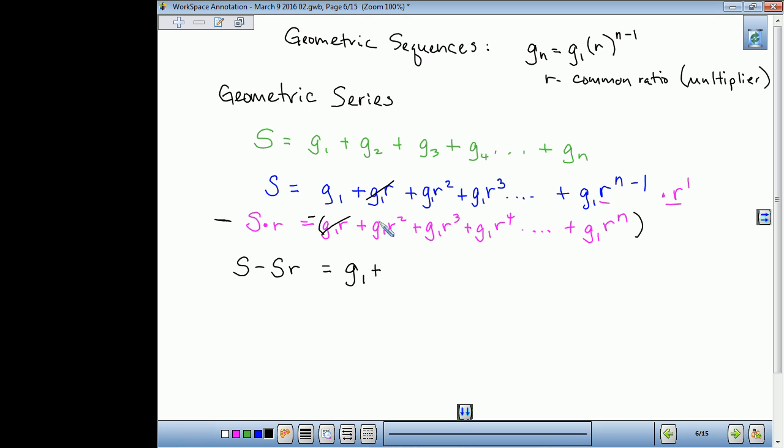Yes. And don't those cancel? Yes. And don't those cancel? Yes. And wouldn't this one be the next one right here, but I just didn't write it? Wouldn't it cancel? Yes. And isn't there a g sub 1 times r to the n minus 1 right here? Yes. So won't those cancel? And so the only thing I'm left with is this minus this.